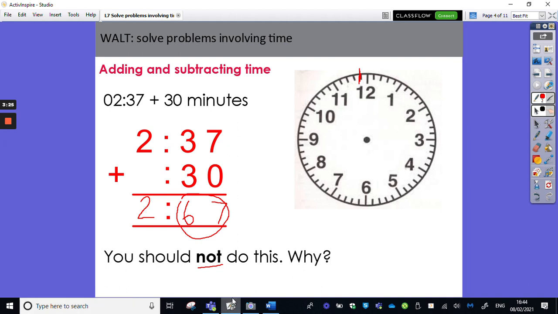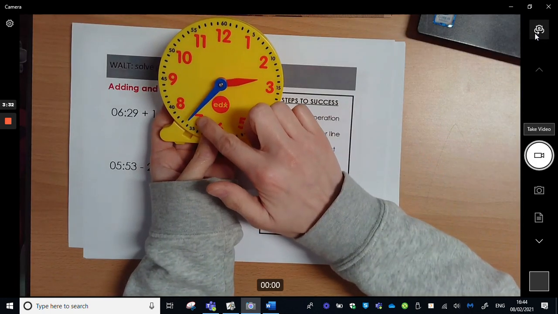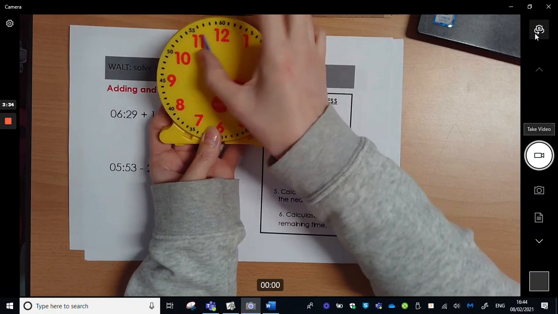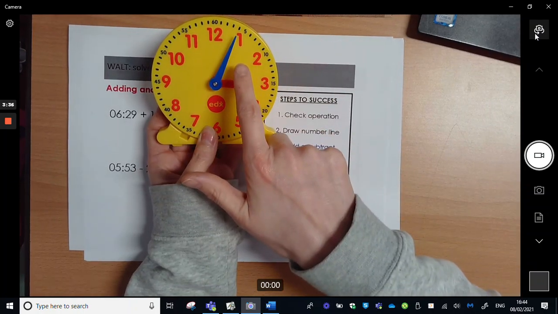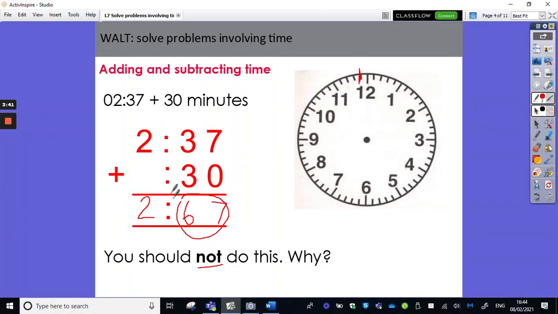Because if I look at my clock, I'm just going to show you. So I've got 2:37, and if I add on 30 minutes, it would have actually gone past 3 o'clock. So I cannot say now that the time is 2:67, okay? It would be 3:07. That's not going to make sense.